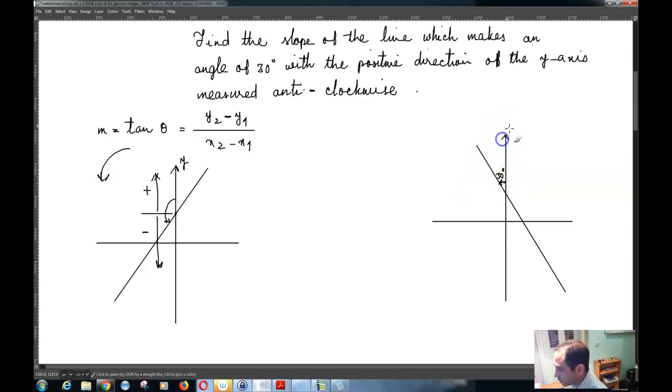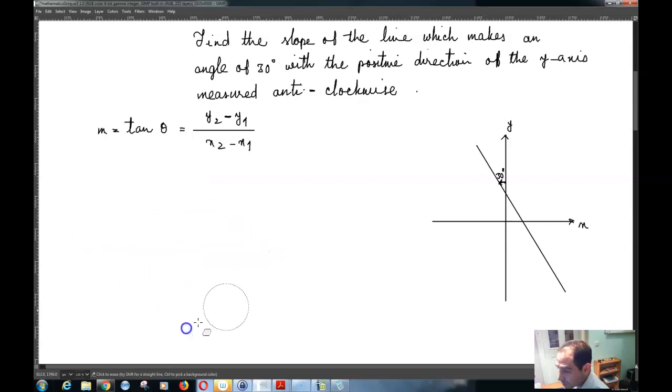So that's the angle that you have, and this is the y-axis and this is the x-axis. Now, this angle is 30 degrees, and you want to find the slope of this line.